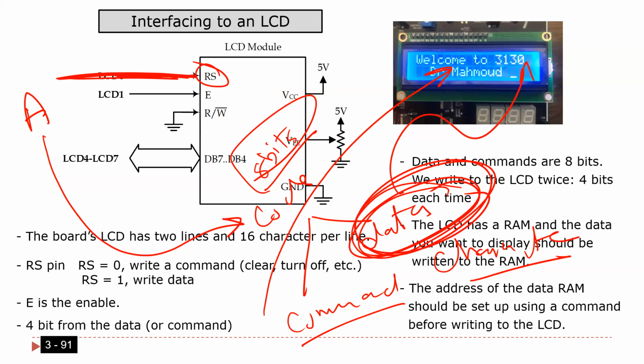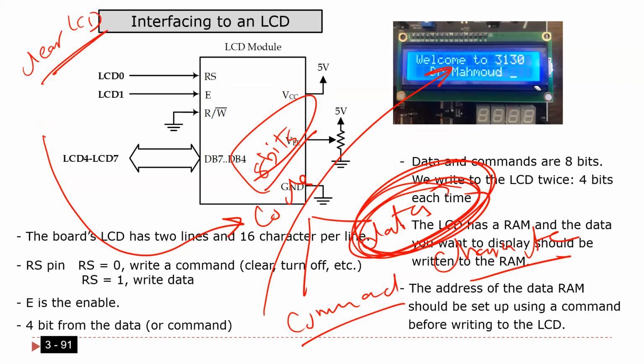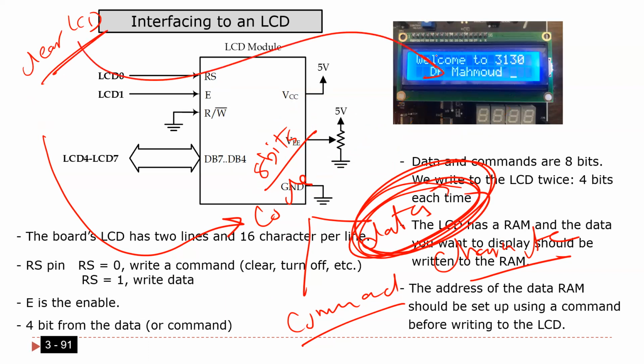What do you mean by a command? For example, we have several commands, and I'm going to teach all of them. We have a command called clear LCD. This is not something you want to display. This is a command, so here you are asking the LCD to clear itself. You have a command like turn off. You have a command like turn on, and so on. So we have several commands.